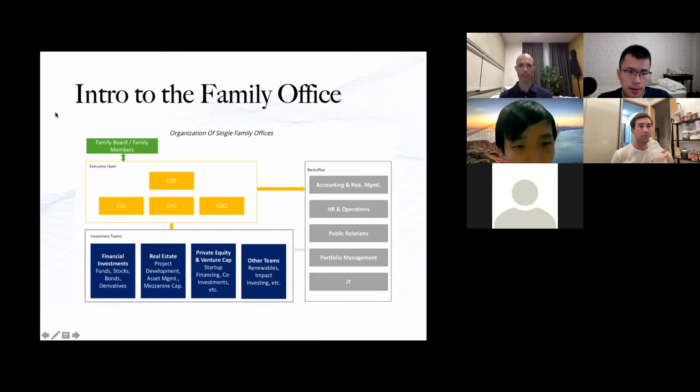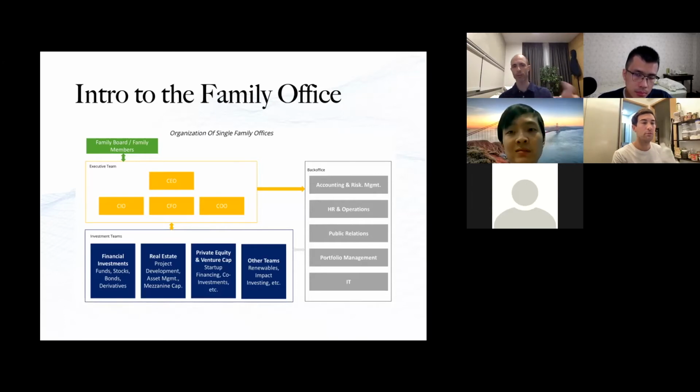Just to give you a sense of the organizational structure that might exist in a family office, ours, QD & Partners, is smaller than this. So if you look in the upper left corner, the green boxes, that's the family, the principals. Then you have the executive team, and in our case, we have just myself as the executive team.